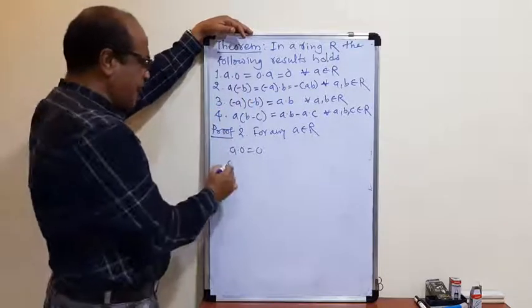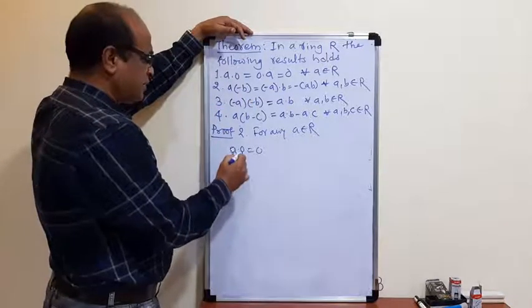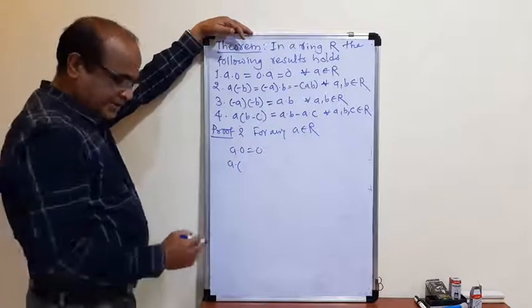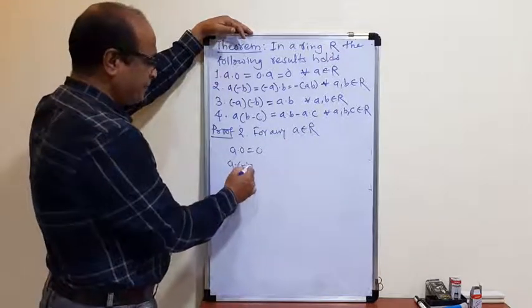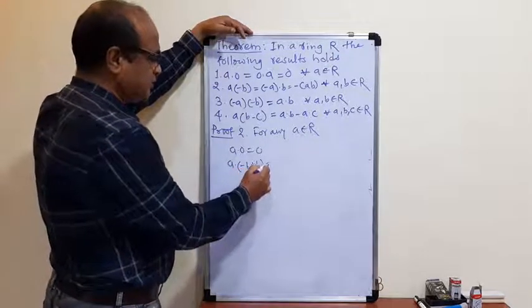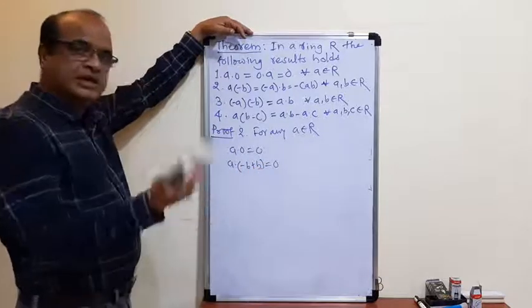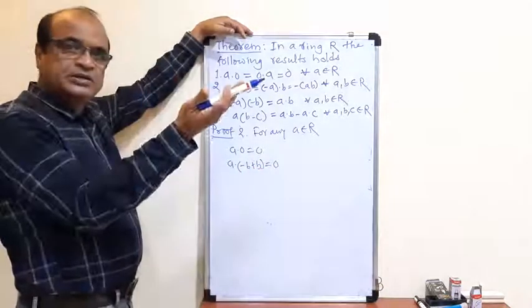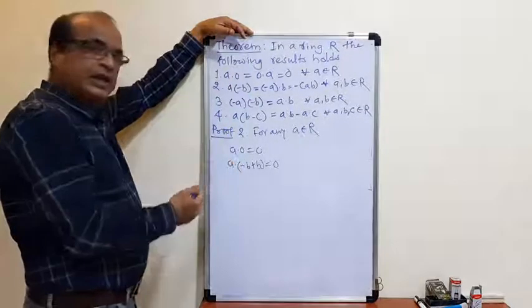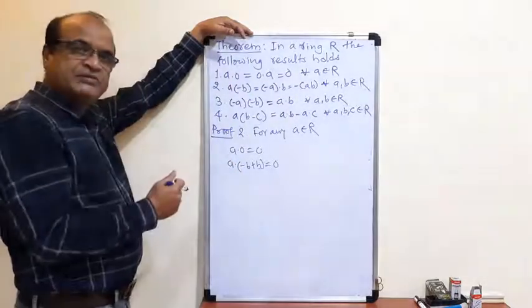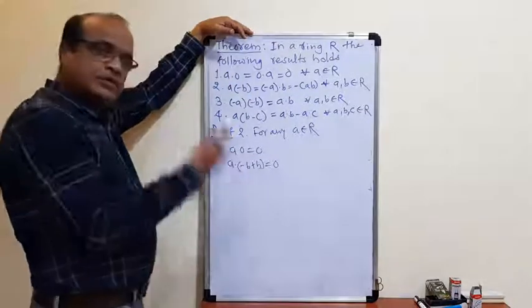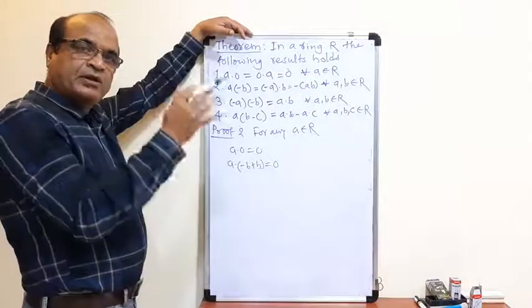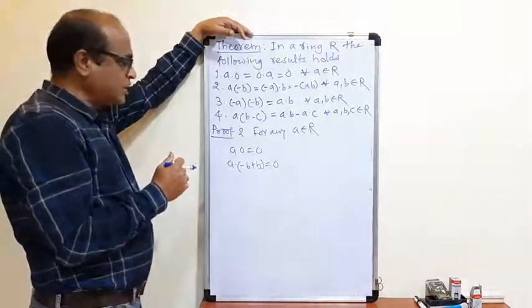So this can be written as A into (minus B plus B), since 0 equals minus B plus B, because R is a ring and R under plus is a group. What is the property here? This is the existence of inverse property, because R is a group with respect to the addition operation.